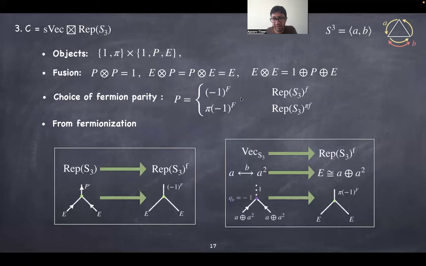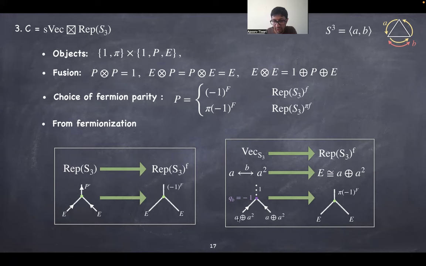In contrast, this second choice comes from Vec S3 instead of Rep S3. So we have a category where the lines are labeled by group elements of S3, and B swaps the line A with A squared. Therefore, we want to fermionize using the Z2 generated by B. Doing so, A and A squared combine into a single operator, which I'm going to call E. And in particular, there's a charged operator, charged under B, at the junction of A plus A squared with itself.